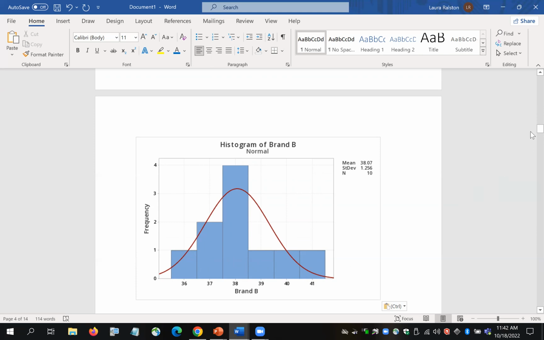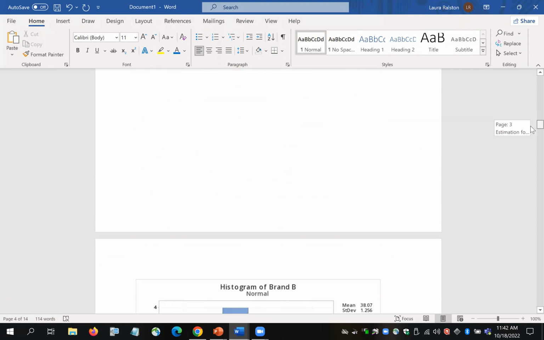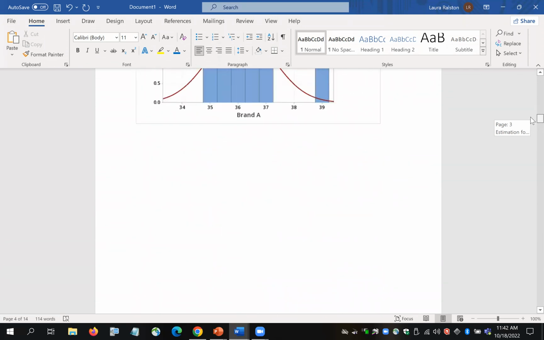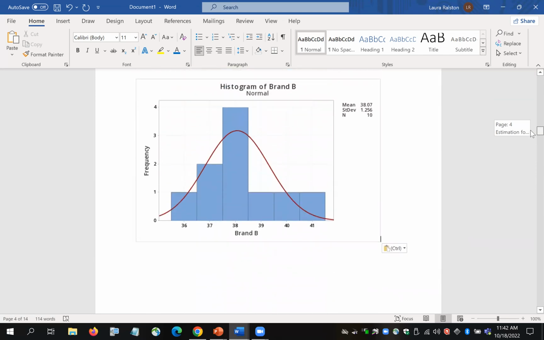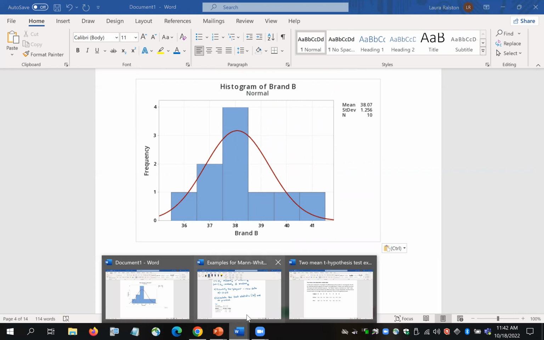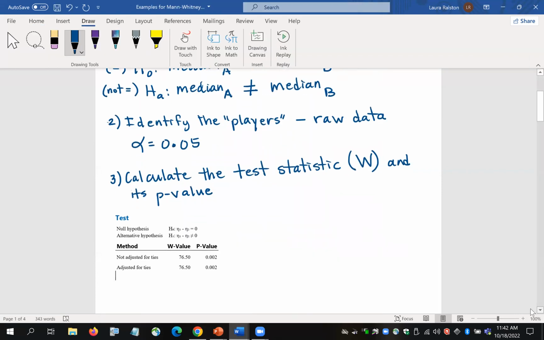But remember, they have to be the same shape. And they're not. Okay, they're not the same shape. And one of them may be normal, but the other one is not. So again, that would limit our ability to use the parametric test or the two mean independent t-test.